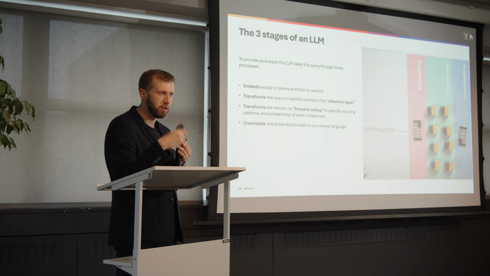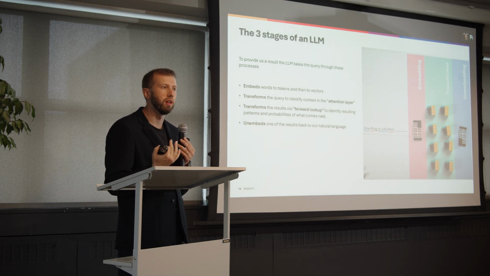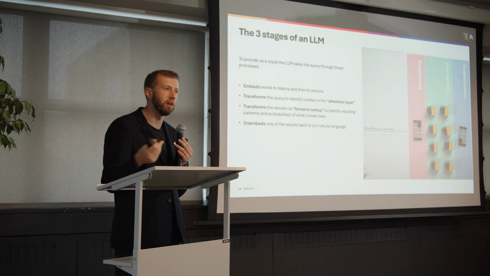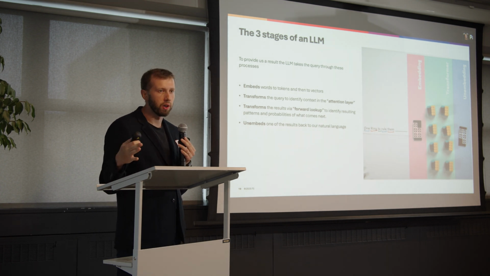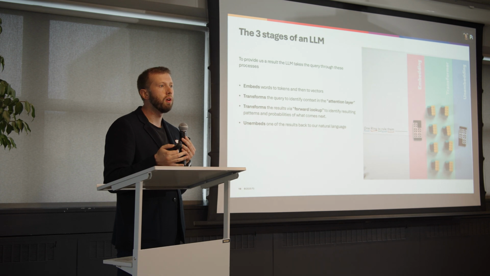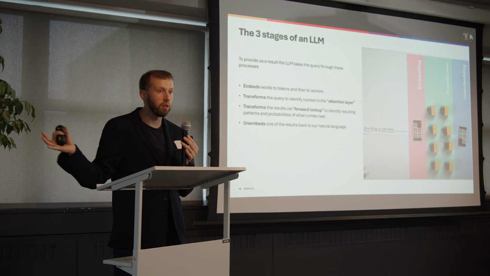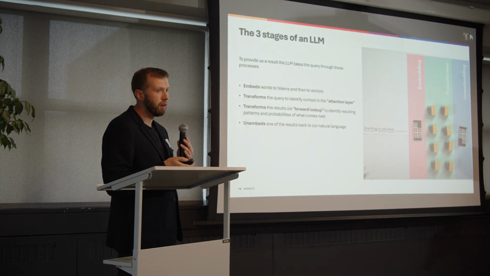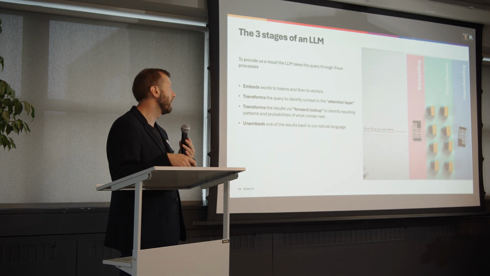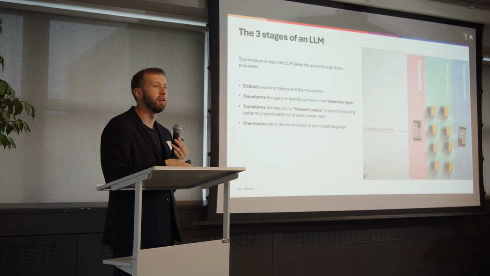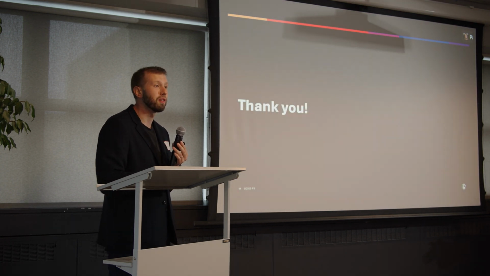It tries several different ways to rejig it to see, okay, if I change this word for that, would that have more probability or less? It arrives at a conclusion and then starts transforming it with a forward lookup of going, well, if this means that, what would probably be the next word based on the other words that are close together to it? And after it gets a consensus and thinks, well, probably they meant this, it unembeds that result back into our natural language. And that's pretty much what I wanted to cover.